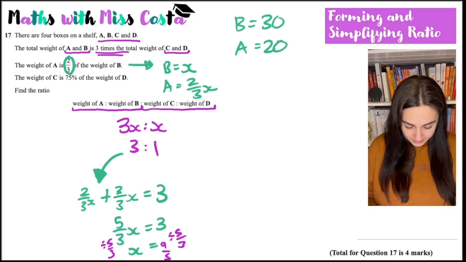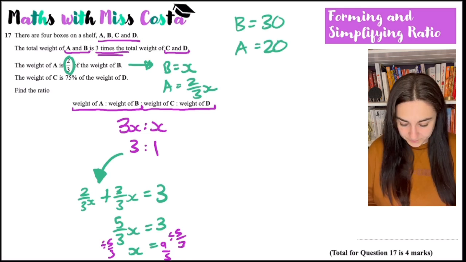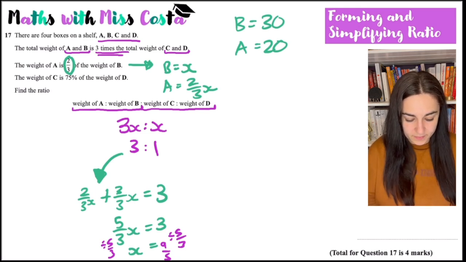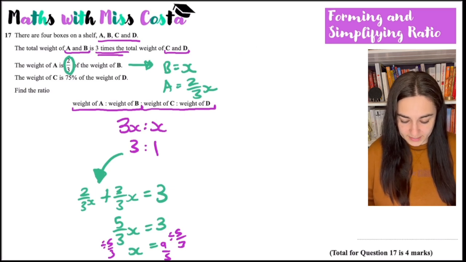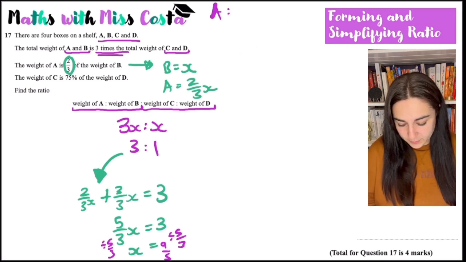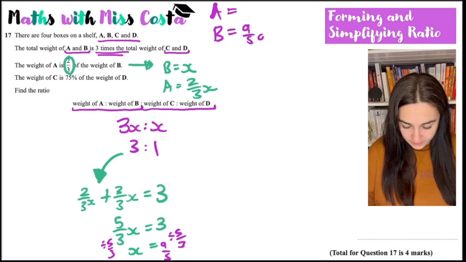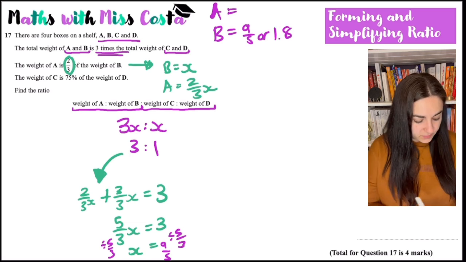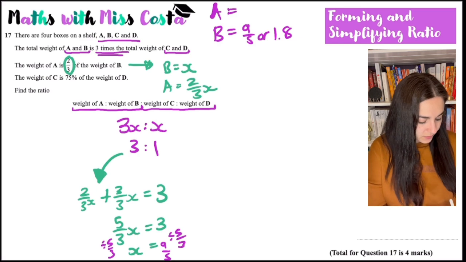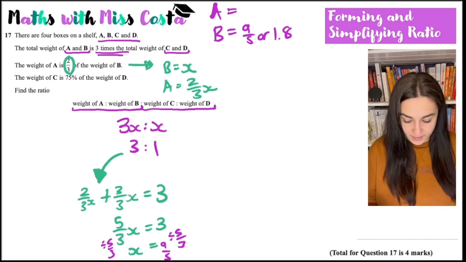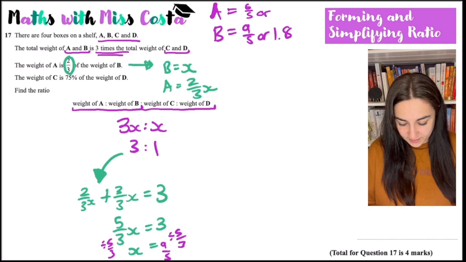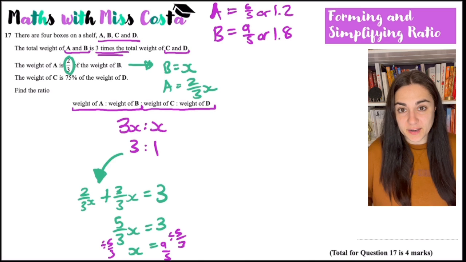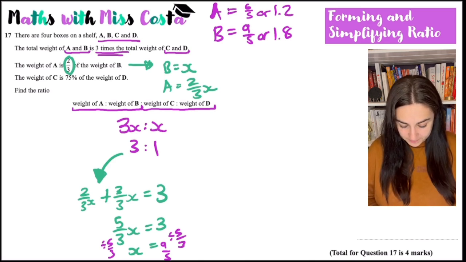So I know that if X is 9/5, then I'll write it in all forms actually. The value of B would be 9/5 or 1.8. And then times that by 2/3 to figure out the value of A. That would be 6/5, or in decimal form, 1.2. So I figured out what the ratios of A to B must be.